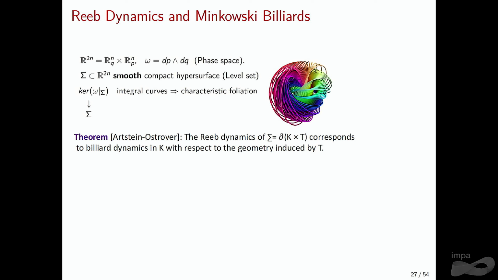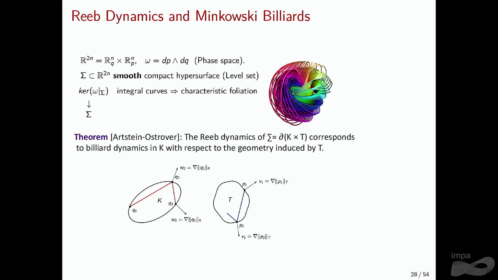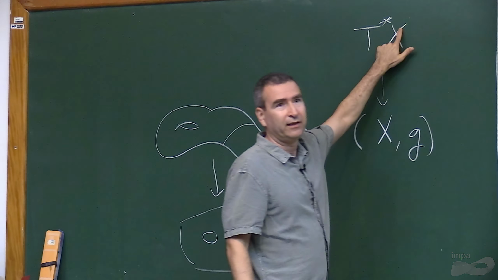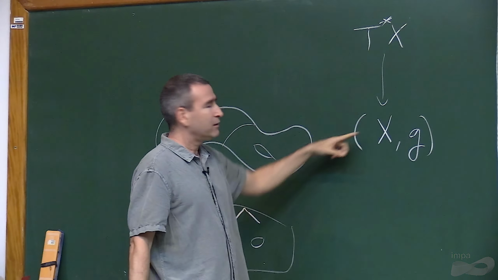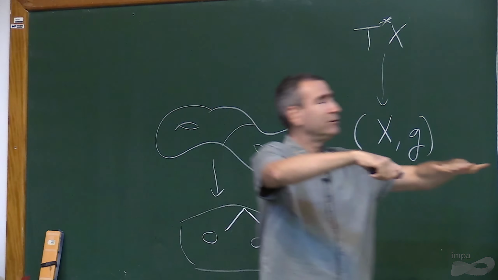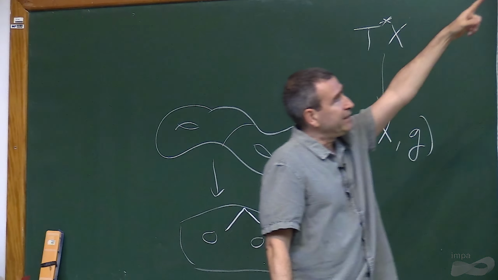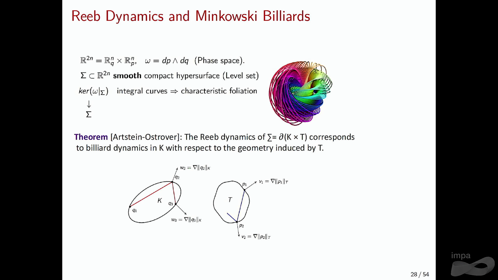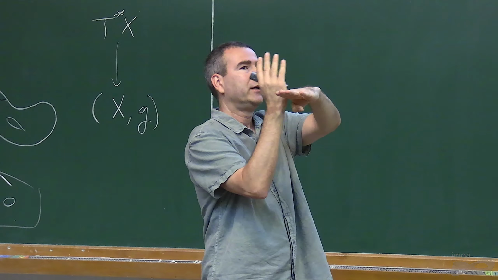And the statement is that if you start with such a product configuration, maybe I can show you a picture, and you consider the Reeb dynamics up here, then essentially along this procedure, what you see when you look downstairs is a billiard type dynamics. But it's not the usual Euclidean billiards, because K plays the role of the billiard table in the Q space, and on every fiber you don't have a Euclidean ball.